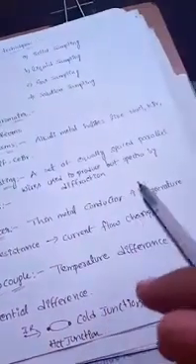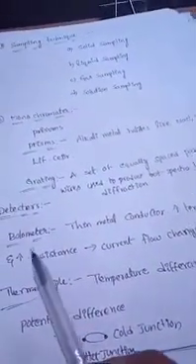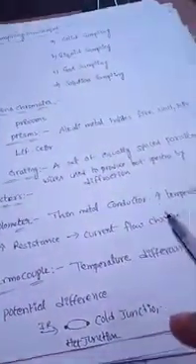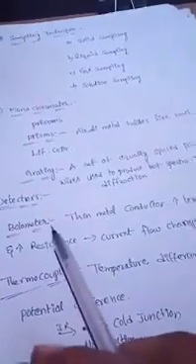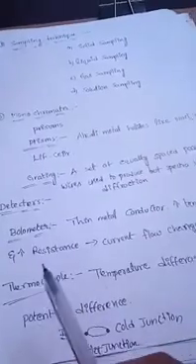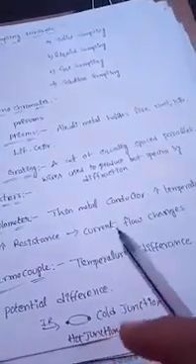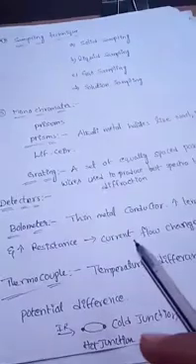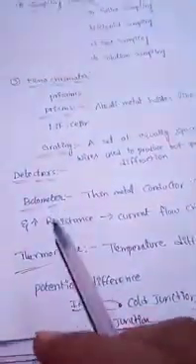When using a bolometer as a detector, as temperature increases, resistance also increases, so the current flow changes. That is how the signal is detected. That is the bolometer part.